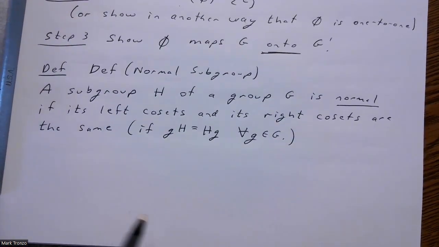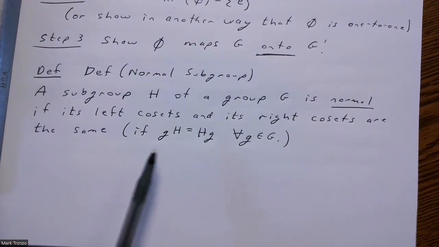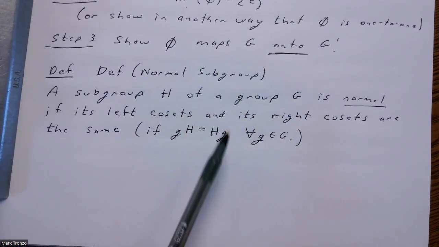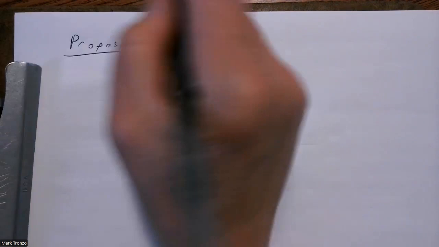The group does not have to be abelian for this to be true, though if it is abelian, all of the subgroups will be normal, because abelian means that you can commute all the members. So if all the members commute, that's always going to be true.